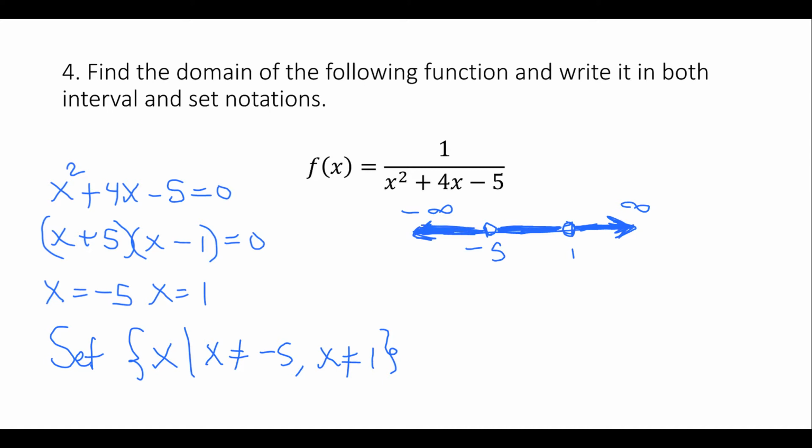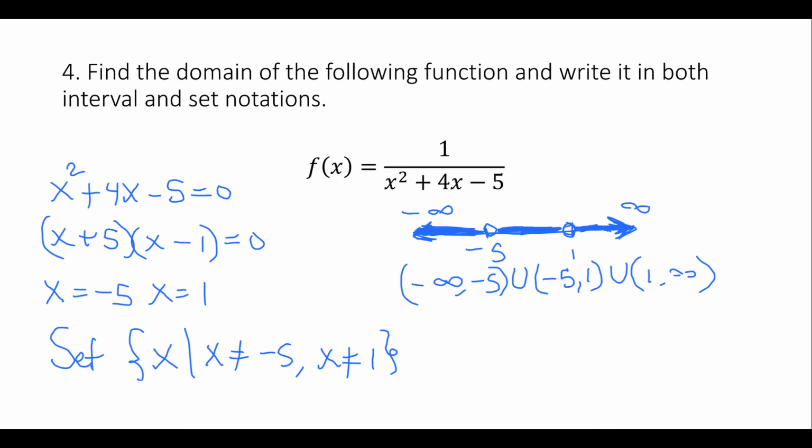So I want everything that's highlighted except for these empty circles, negative 5 and 1. So how do we write that in interval notation? I want everything below negative 5, everything between negative 5 and 1, and then everything above 1, just not including the actual numbers negative 5 and 1.